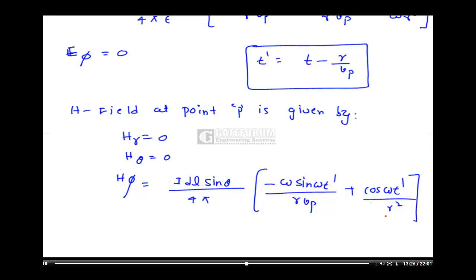So you will get the E field and H field components like this. The important thing here is not the equations. No need to remember these equations at all.